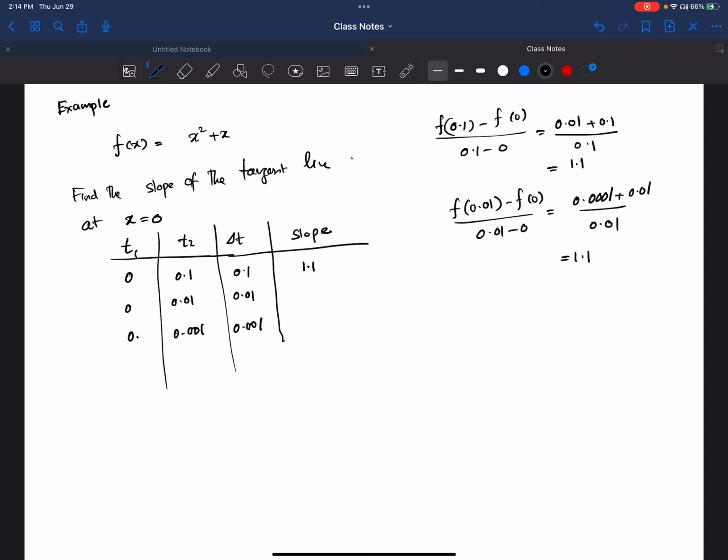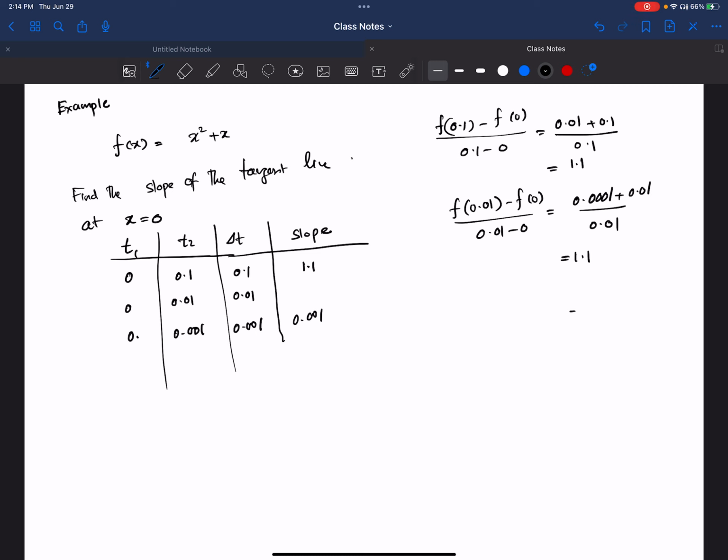So you get 0.001 times 0.001 plus 0.001 divided by 0.001, you get 1.001.